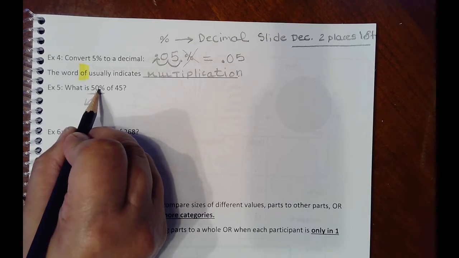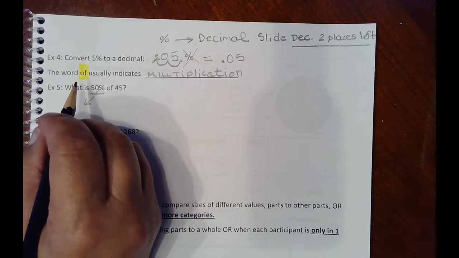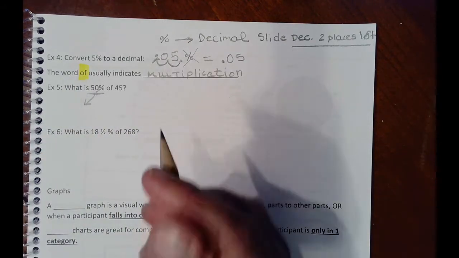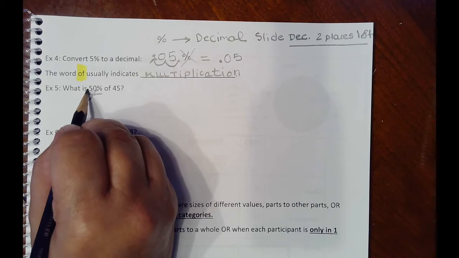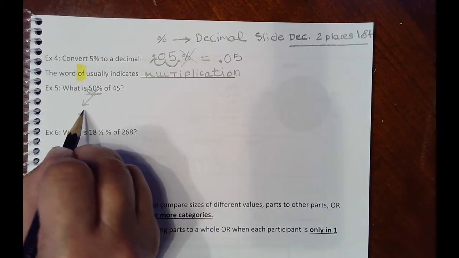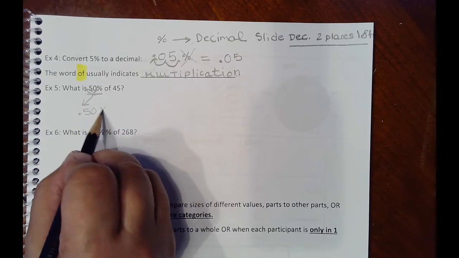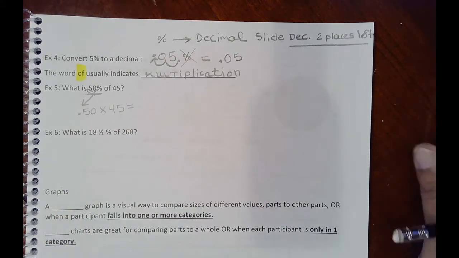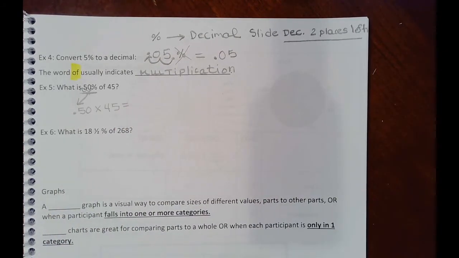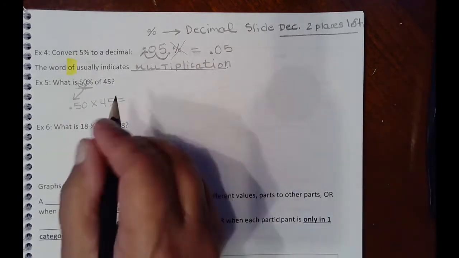In other words, slide the decimal that you don't see, it's all the way over here on the right, 2 places to the left. Sorry about a little noise interference. The word of means multiply, and you are multiplying by 45. So 50% of 45 is 22.5.